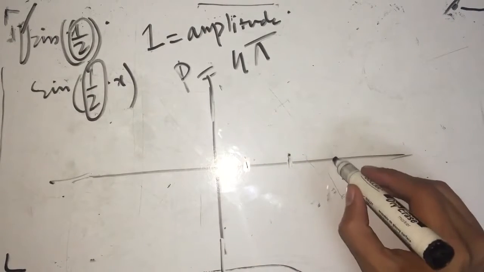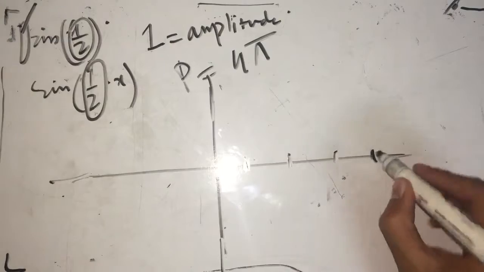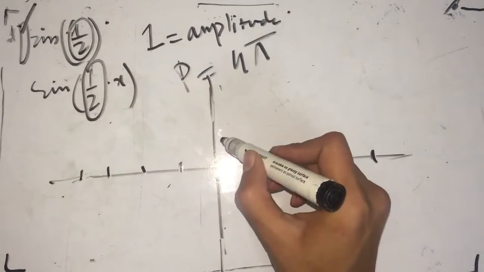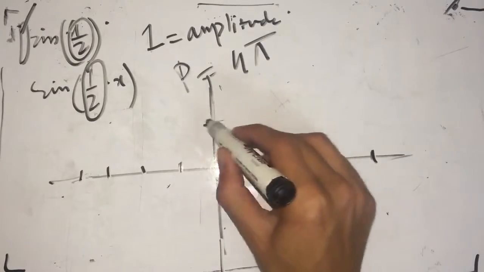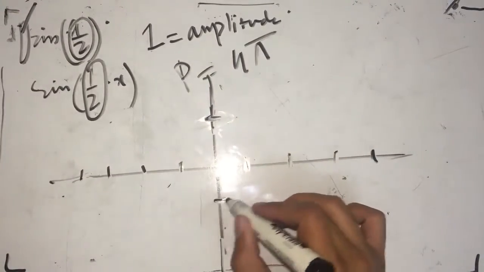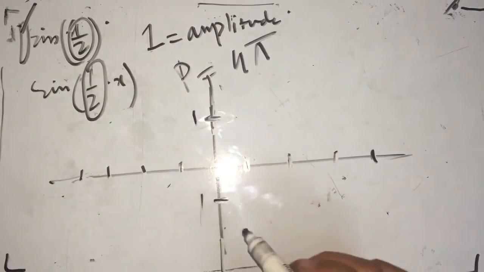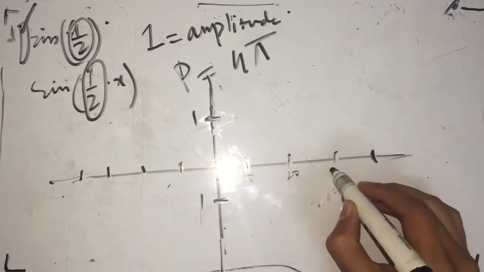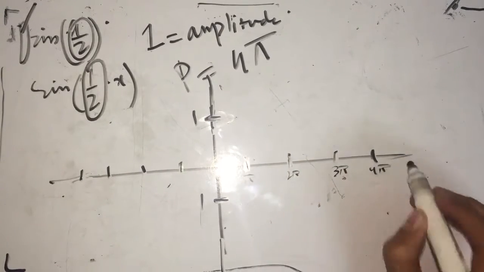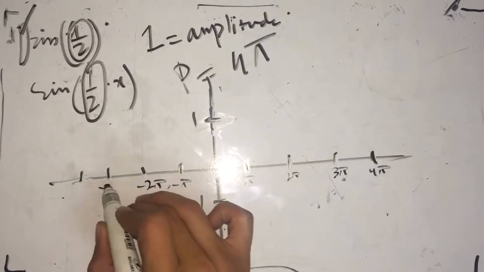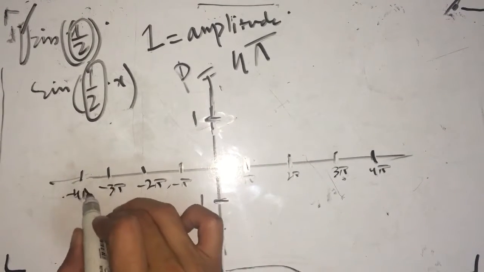Here you have 4 pi. Same here. And its period is 4 pi, so it's going to repeat up until this point. And this is pi, 2 pi, 3 pi, 4 pi. Same here, minus 2 pi, minus 3 pi, and minus 4 pi.